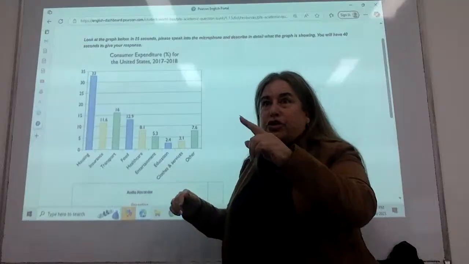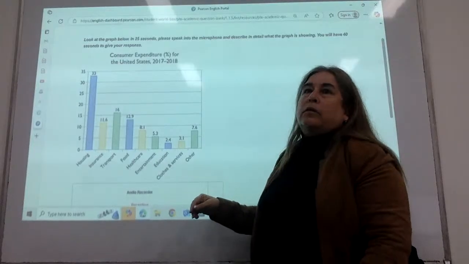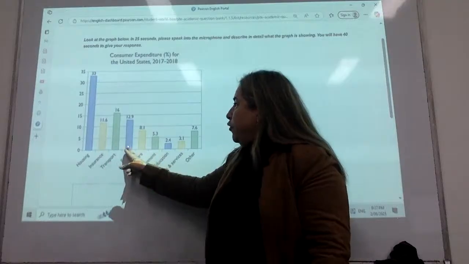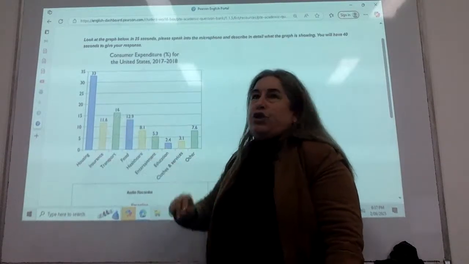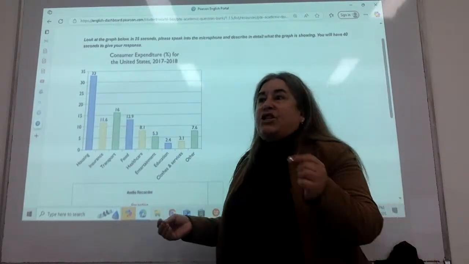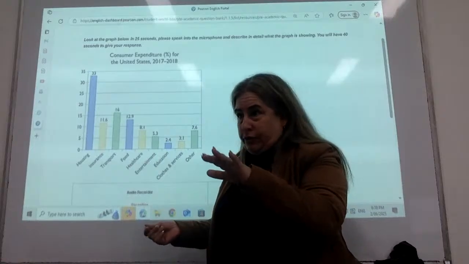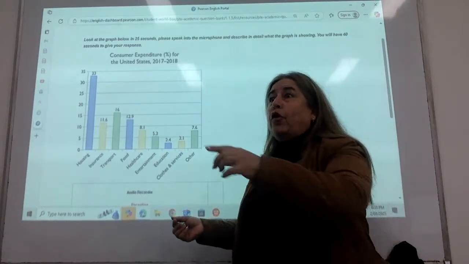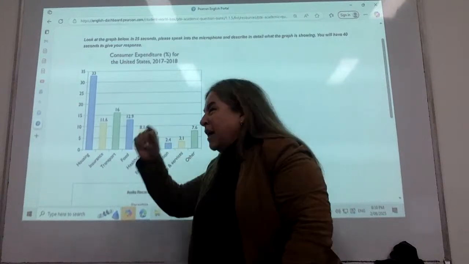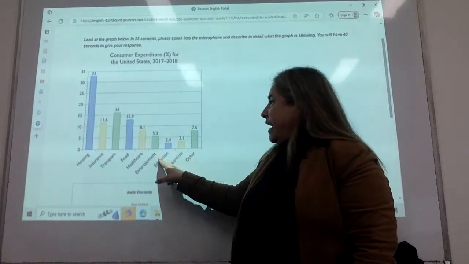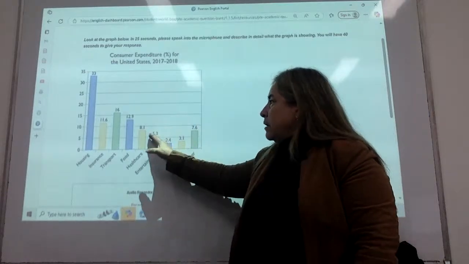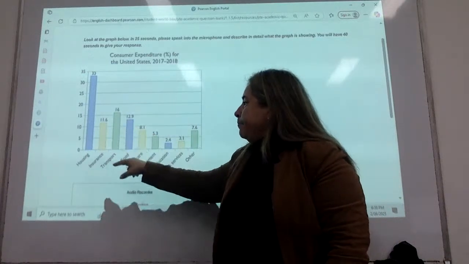And so it also shows that people spend more on transport than food or insurance. It shows that people don't spend enough, or if you want to say, people spend very little on education and clothes and services than, let's say, food.